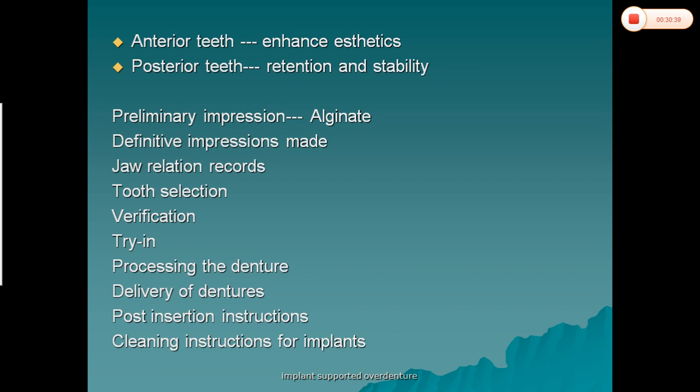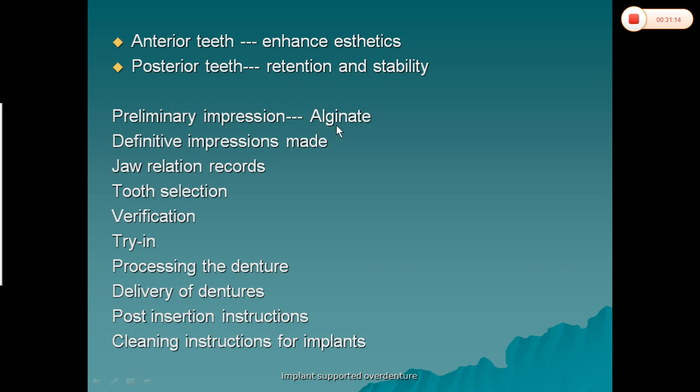Next, teeth are selected. Anterior teeth are placed to enhance aesthetics, whereas posterior teeth, we already know, are positioned in the neutral zone area to improve retention and stability. Now coming to fabrication procedures. In the new implant supported overdenture, first we make a primary impression with alginate.